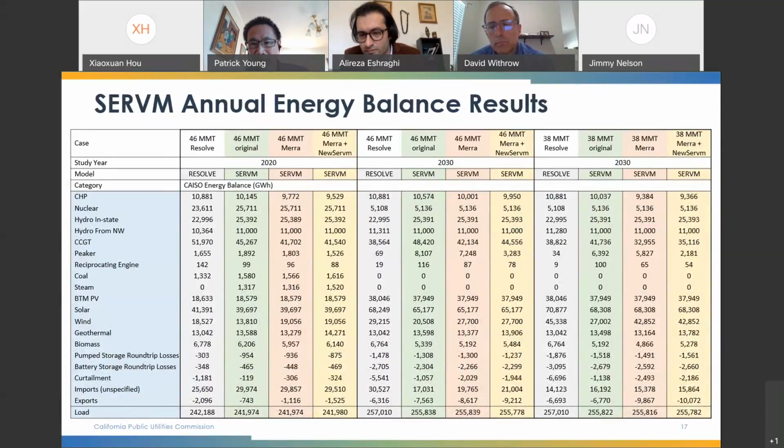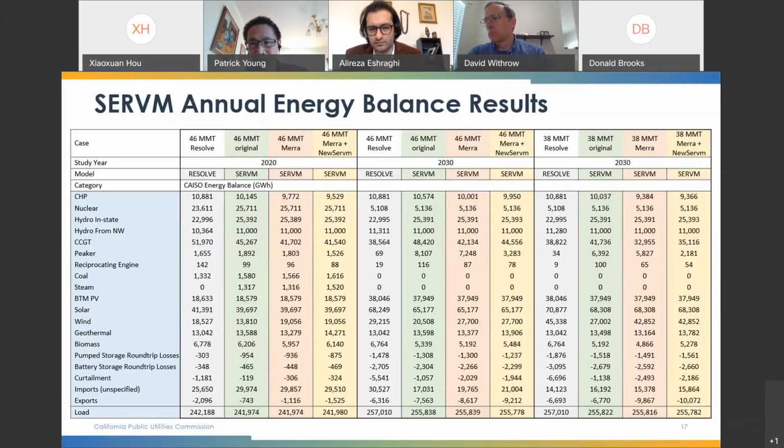Yeah, they're all really within a very small range of difference. Donald, do you have a quick explanation for why the small variance? Yeah, load is also the sum of demand modifying shapes that we have in SERVM, as well as the charging that batteries, some of the charging losses especially.